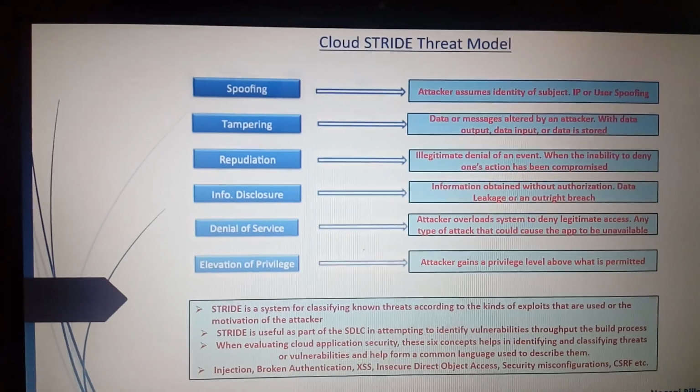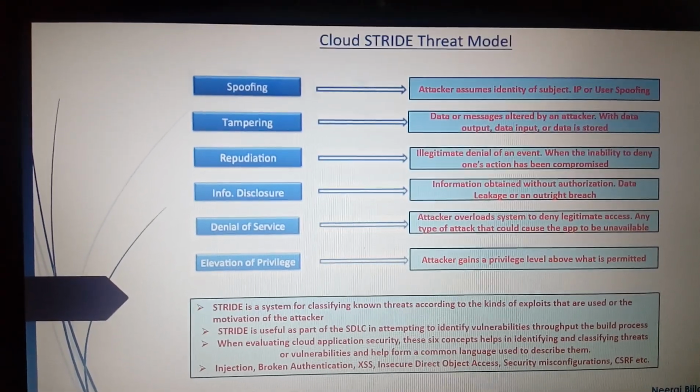So this is all about understanding the STRIDE threat model.